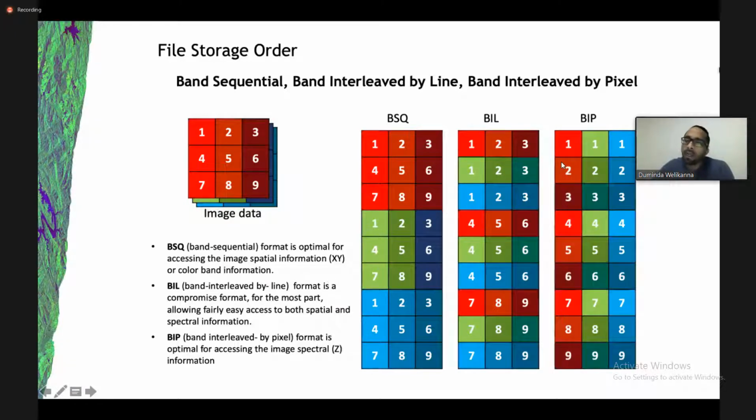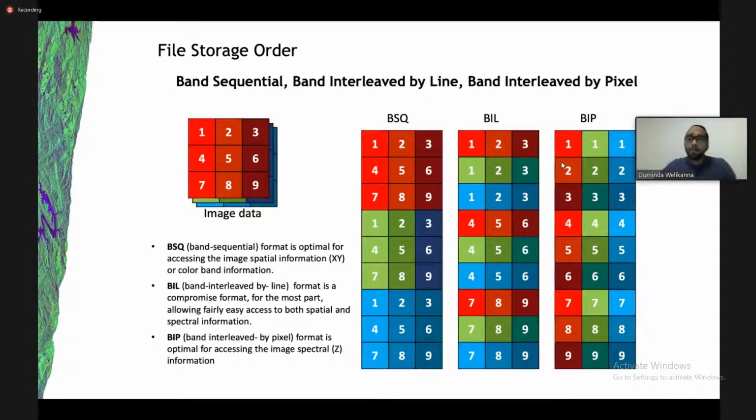And also band interleaved by pixel: as you can see, the first pixel of the red image, and the second pixel of the red image, third pixel of the red image, fourth, fifth, sixth. So it finishes the red image, finishes the green image, finishes the blue image. As you can see, once you plot these things, their storage is different, right? You can see by looking at the pattern of red and blue that they are different.